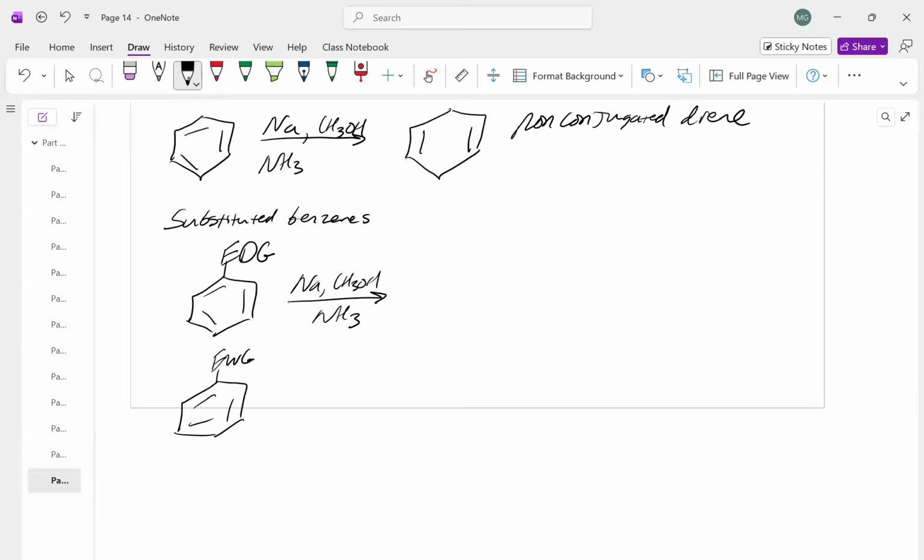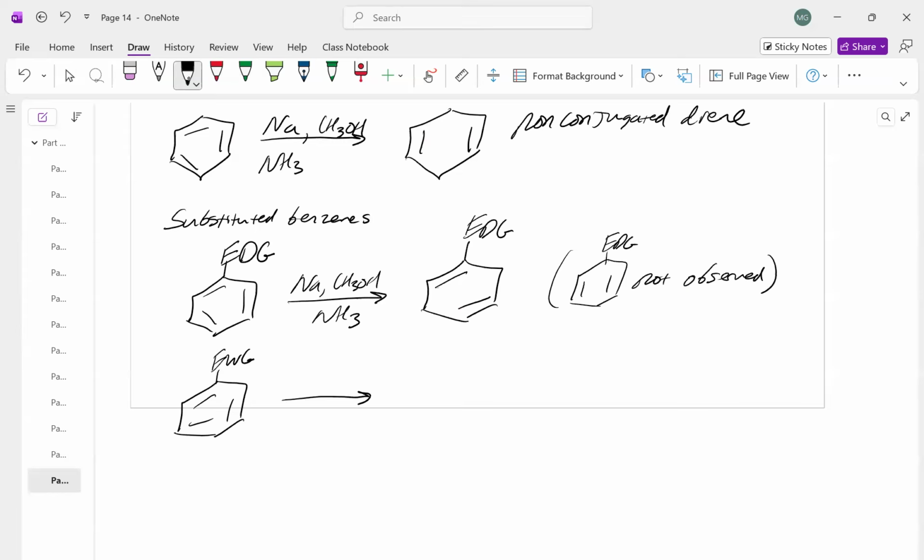So if it's an electron donating group, then this is the only product observed. This one is not observed. And if it's an electron withdrawing group, then this diene is observed, not the other one.